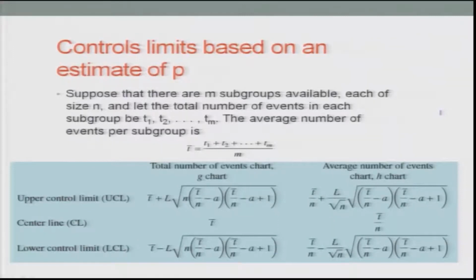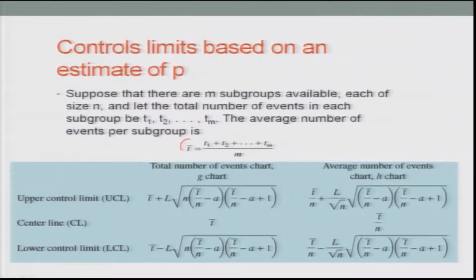So, the size n is not changing, and let the total number of events in each group be T1, T2, T3 till Tm. The average number of events per subgroup would be given by the sum of T1 to Tm divided by m. Now, if you want to find the total number of events chart, which is the G chart, and the average number of events chart, which is the H chart, the concept is exactly the same.